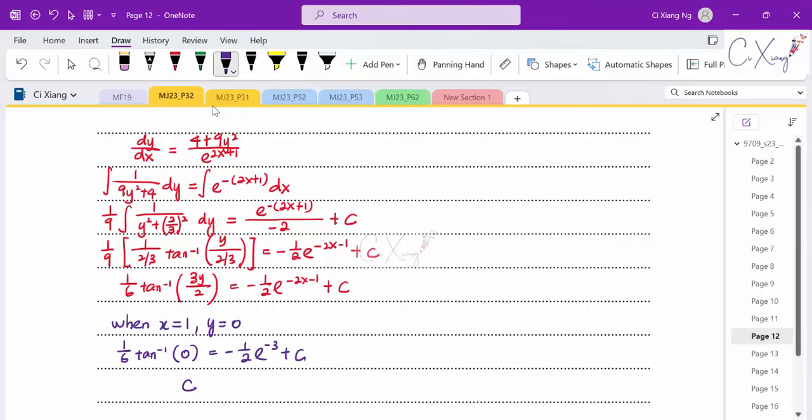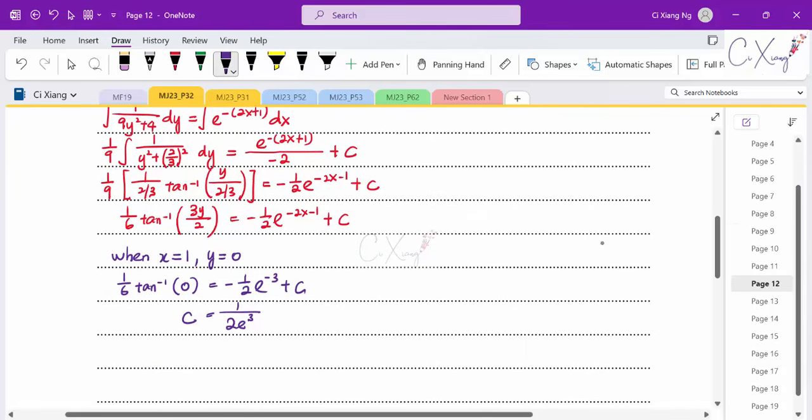Then this part, if I bring it over, I'm having c equals 1 over 2 e power 3, because e power negative 3 you can rewrite as a denominator with e power 3. So my c becomes 1 over 2 e power 3. Therefore, I get my particular solution with the value of c.